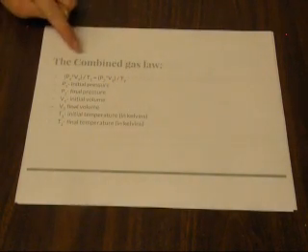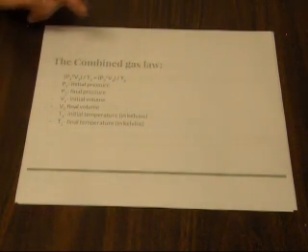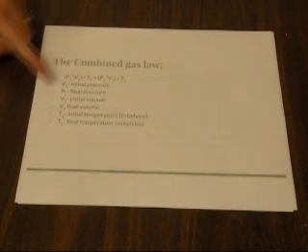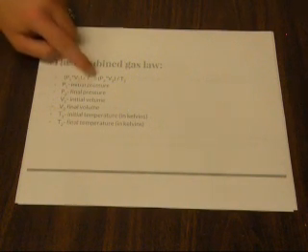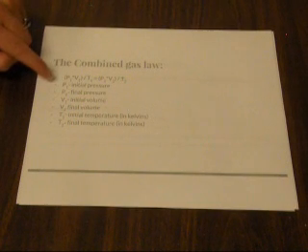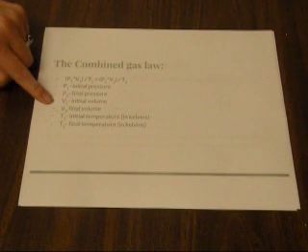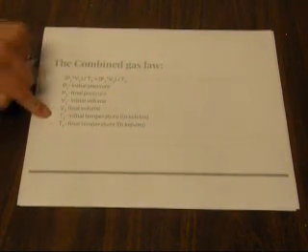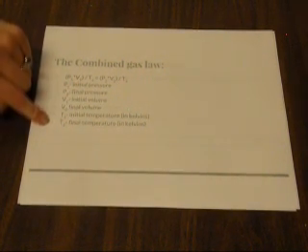Next we will be talking about the combined gas law. And this is where you're kind of combining Charles's, Boyle's, and Gay-Lussac's laws. So it is P1 times V1 over T1 equals P2 times V2 over T2. So P1 is the initial pressure, P2 is the final pressure, V1 is the initial volume, V2 is the final volume, T1 is the initial temperature in kelvins, and T2 is the final temperature in kelvins.